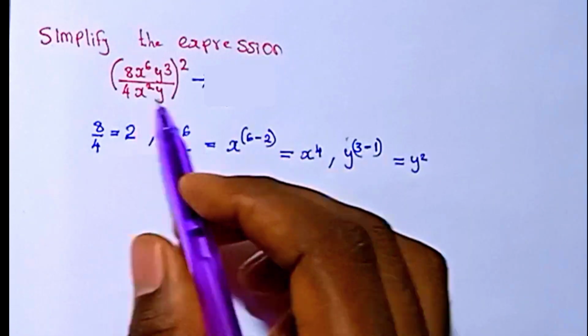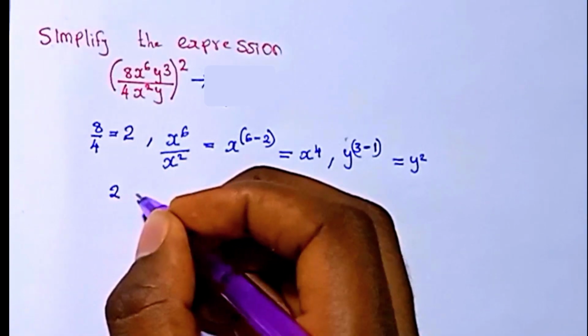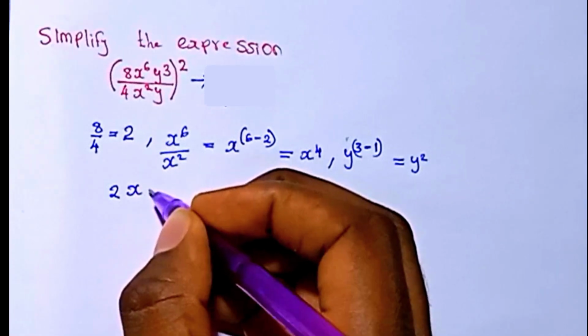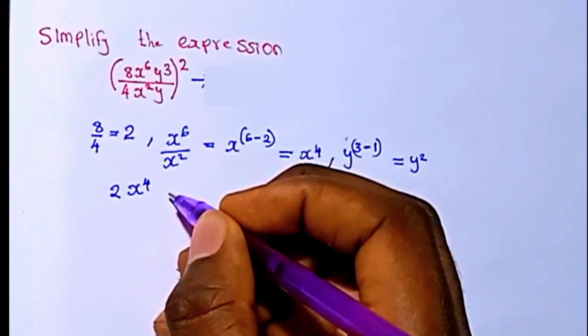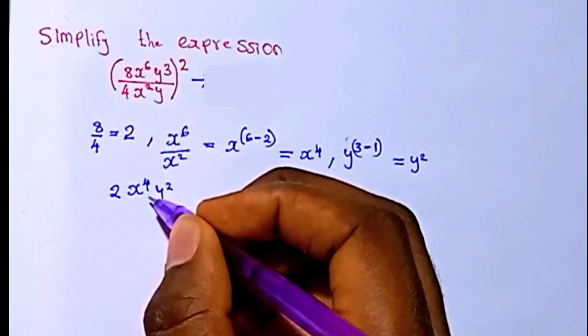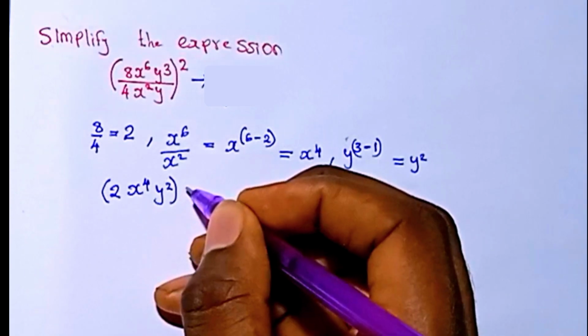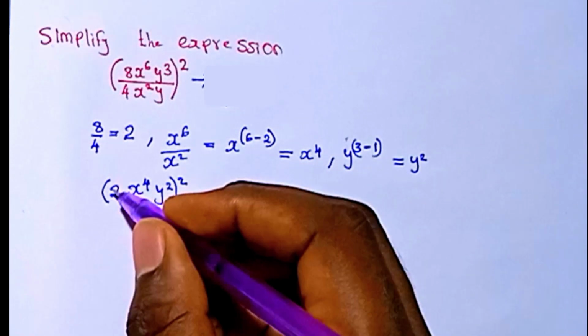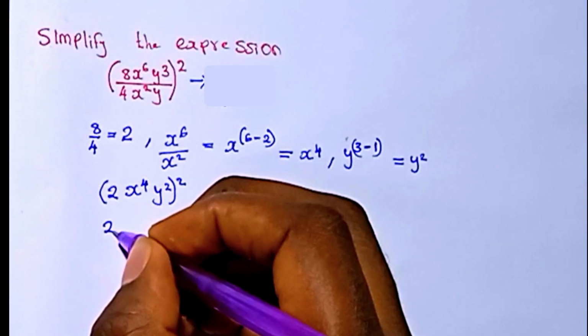So we're going to rewrite this as 2 multiplied by x raised to 4 and y raised to 2, and the whole of it squared. 2 squared is going to be 4.